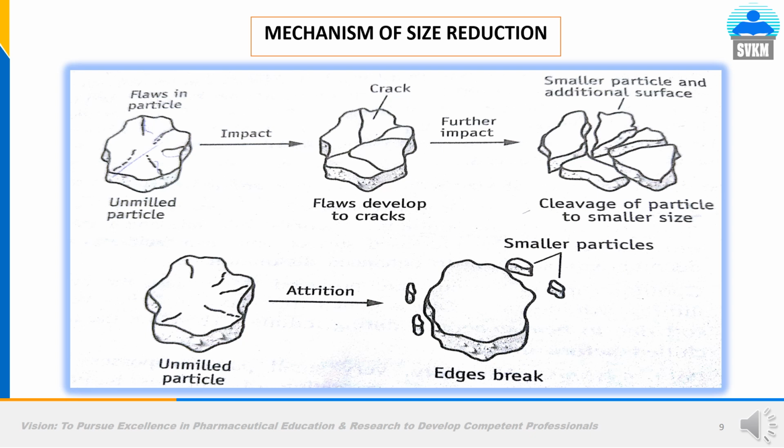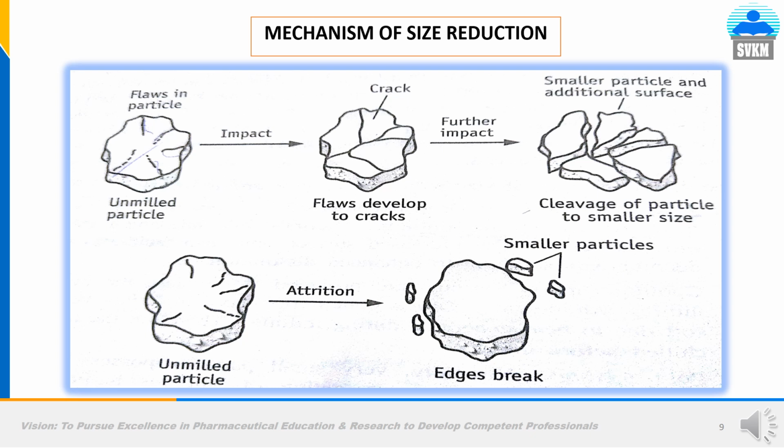If you observe, there is an unmilled particle. As per Griffith theory, every particle has flaws, either visible or microscopic. After application of impact or stress on those particles, the flaws will develop into cracks. Then after application of stress, the cracks are visible.